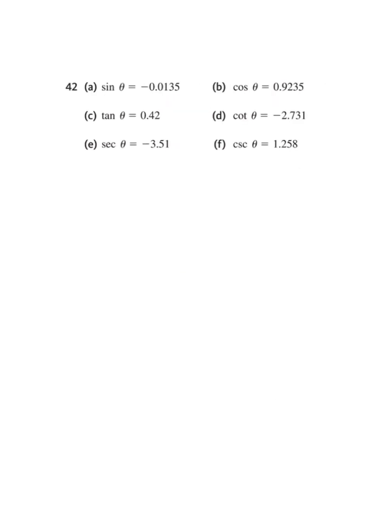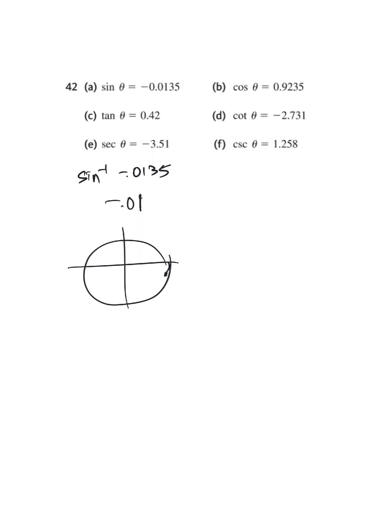All right, the last one. We made it. So the arc sine of negative 0.0135. That's going to be negative 0.01. All right, so negative 0.01 is going to be really small. And again, it's the y value, so it's going to be these two values.